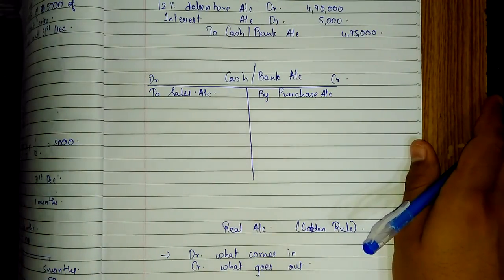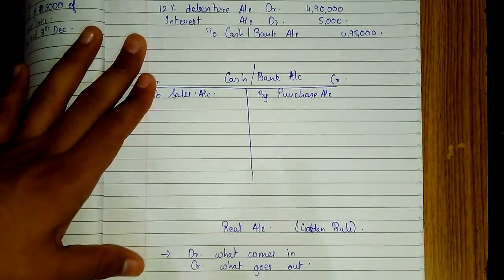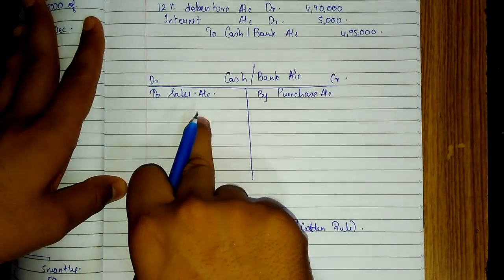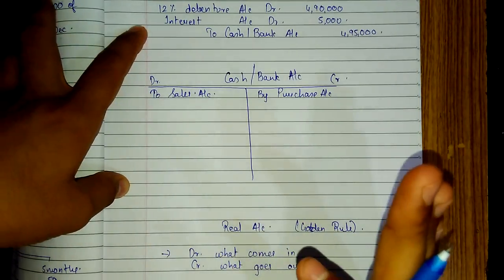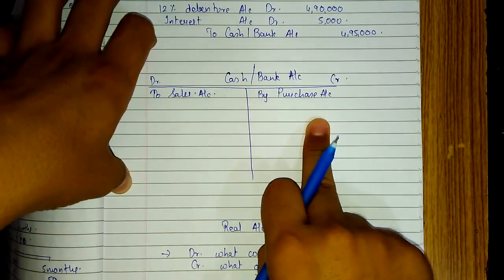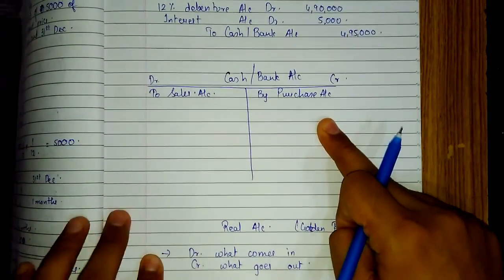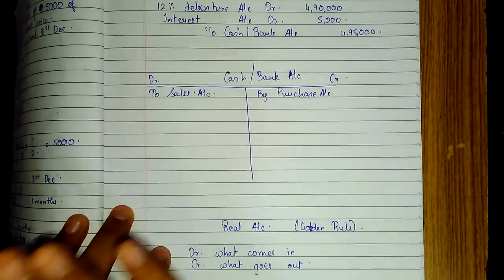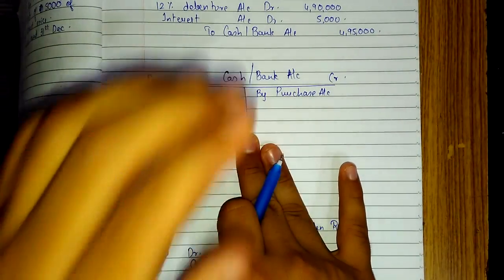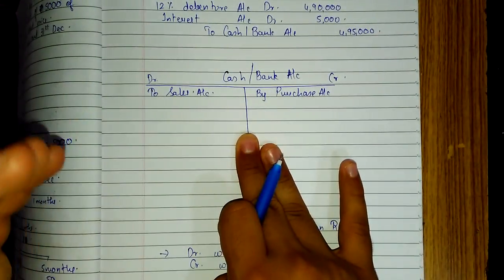Hope you have done it. Again I'll explain it. Any sort of income coming in comes on the debit side. Any sort of expense going out, that means you are paying, your cash is going out, comes on the credit side. Just apply the golden rule, but don't apply the golden rule for credit transactions. We are just simply understanding it for cash transactions.